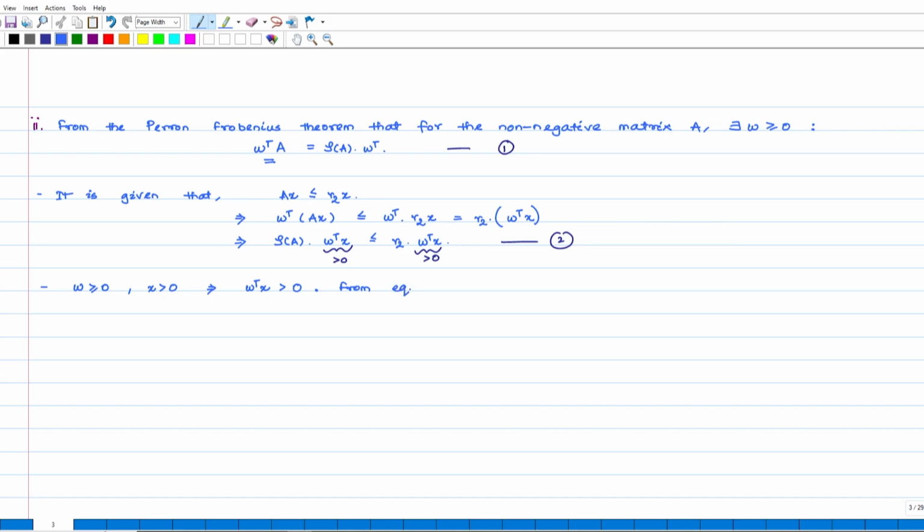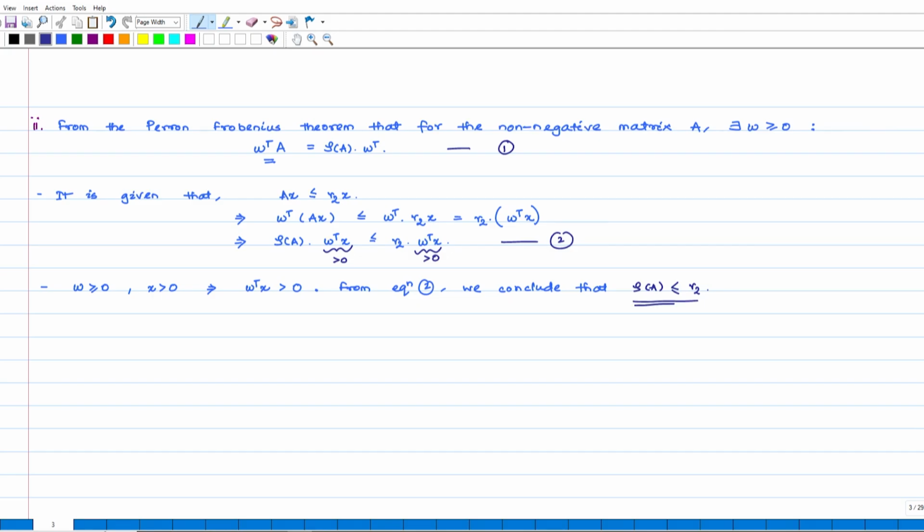From equation 2, we conclude that the spectral radius rho of A is less than or equal to R2. Okay. So, this completes the proof for the second part of the statement.